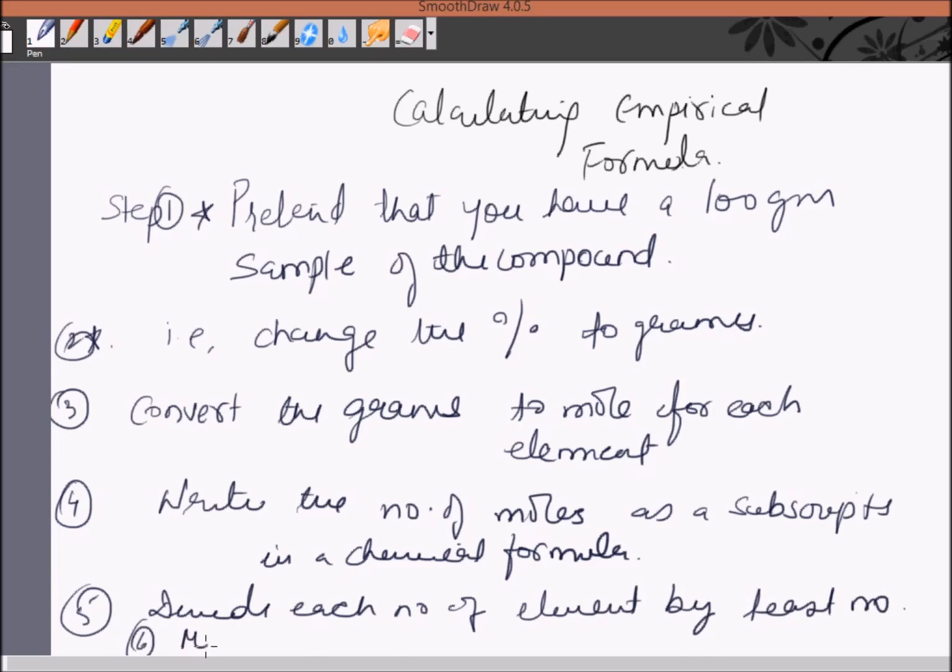Then lastly, we multiply the result to get rid of any fraction amount. Did you get these steps? No? So let me give you an example and make you understand about the empirical formula.